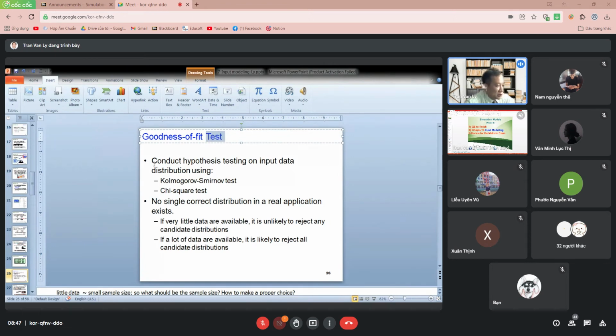So we need to conduct a hypothesis test. And luckily, we already know the hypothesis test methods: the KS, remember the properties of random numbers, and chi-square.